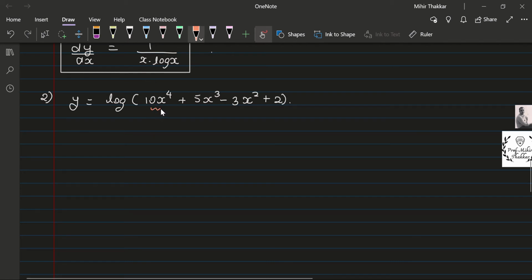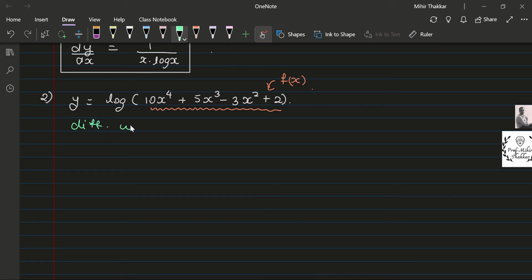Again, what we have to do is consider this entire term as fx. So when we want to find the derivative, we will differentiate with respect to x. So the derivative of y, as you know, is dy by dx, which is equal to 1 upon fx.